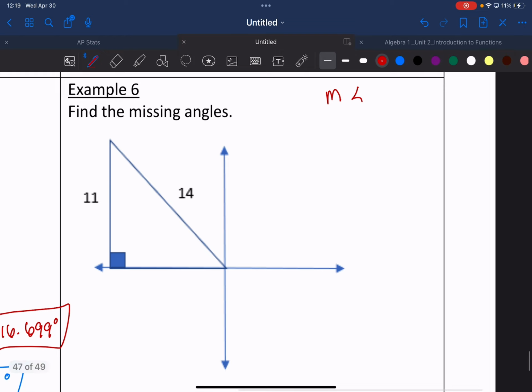This is the same as saying the measure of the angle. So instead of writing out measure of the angle every single time, they created this symbol.